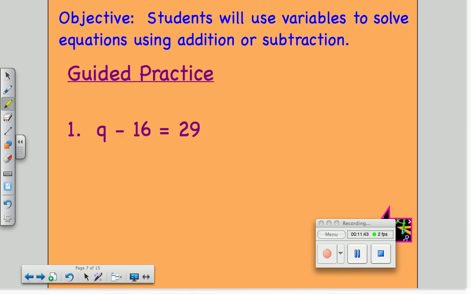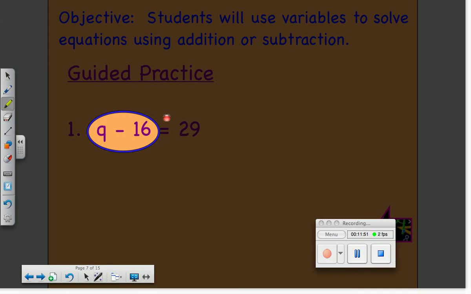Your guided practice. So, here, I want your eyes focused again on the side of the equation that has the variable, q, because that variable is what we want by itself. So what do I have to do here to get rid of that 16? I want that gone. Well, what am I doing? I'm subtracting it. What's the inverse of subtraction?